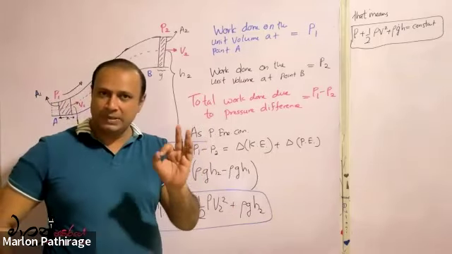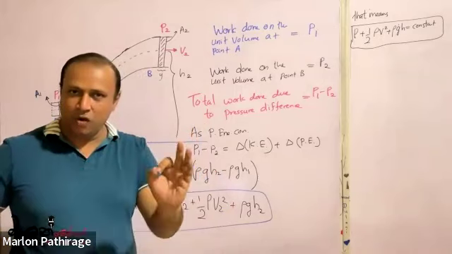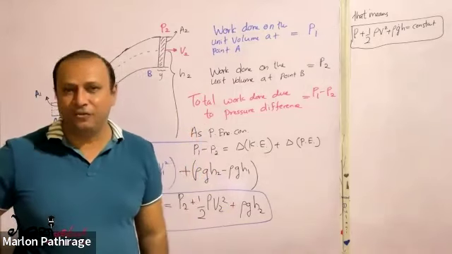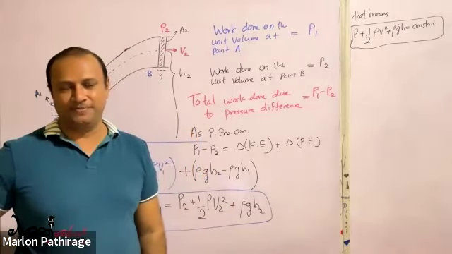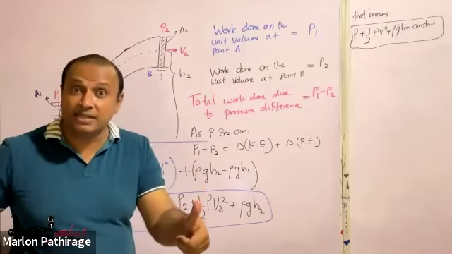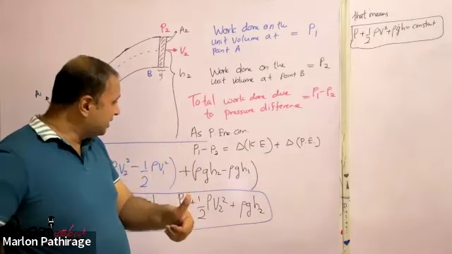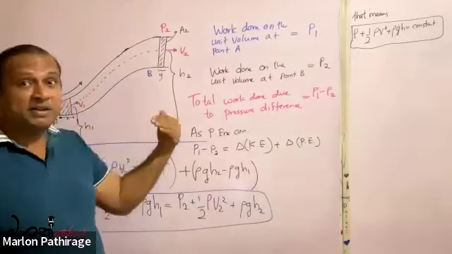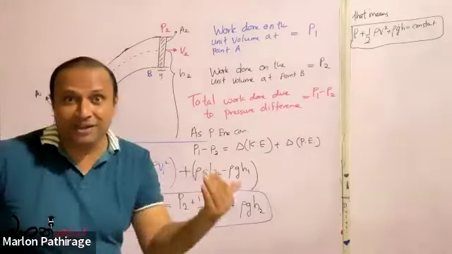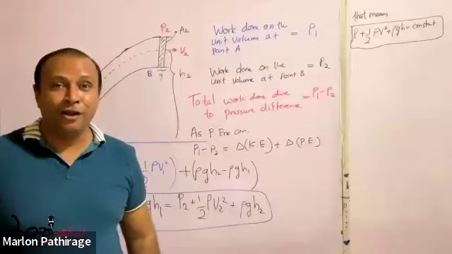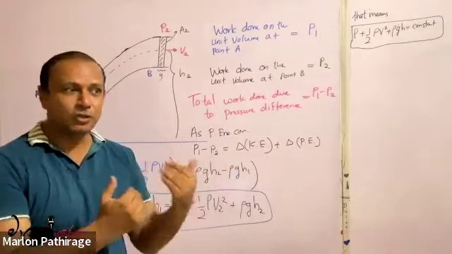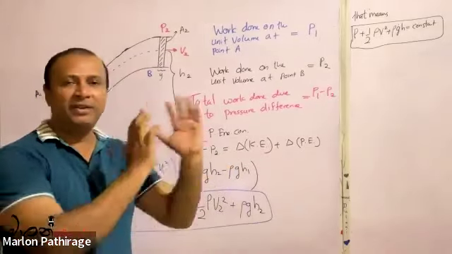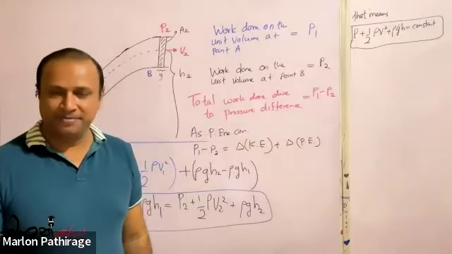Therefore, Bernoulli equation is valid only for ideal fluids. That means non-viscous, incompressible. If there is a compressible fluid, then definitely fluid can be compressed. To compress fluid, definitely there should be an energy.